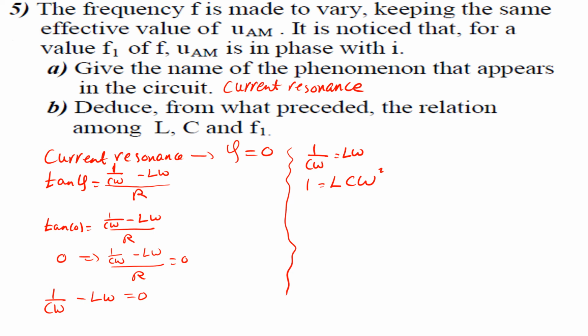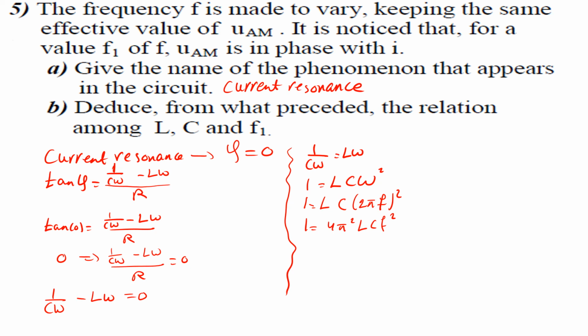Before we replace L, 1 equals L C, where omega is 2 pi F squared. So 1 is equal to 4 pi squared L C F squared. Okay, so this is the relation between L, C, and F1.